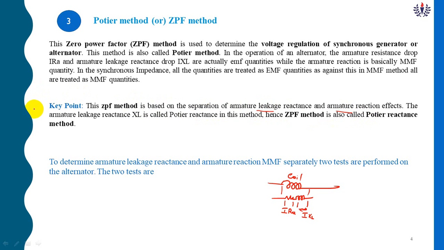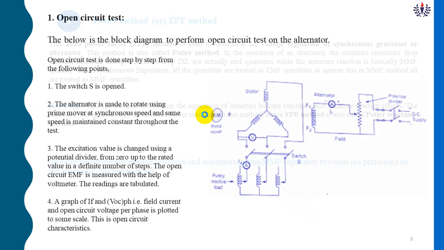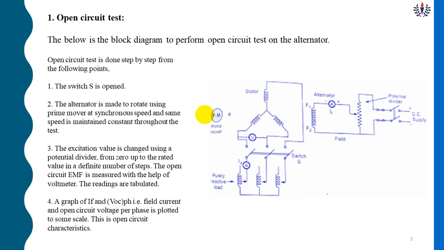This is one of the important questions. Here also there are two tests which we are going to perform: one is the open circuit test, another one is the short circuit test.